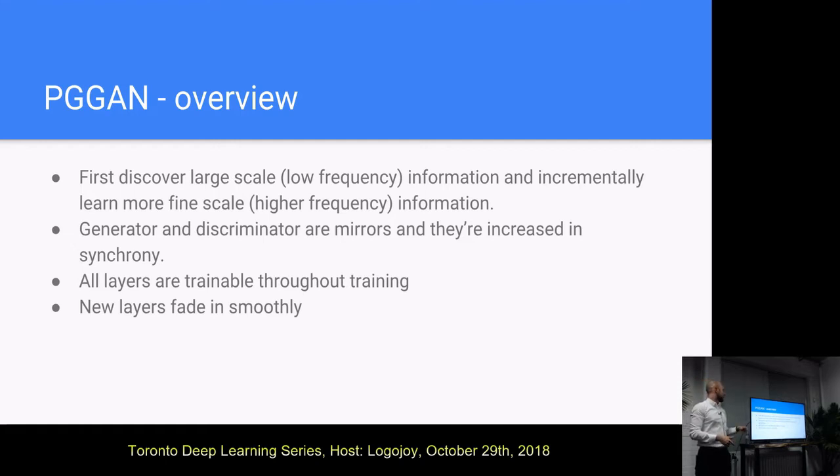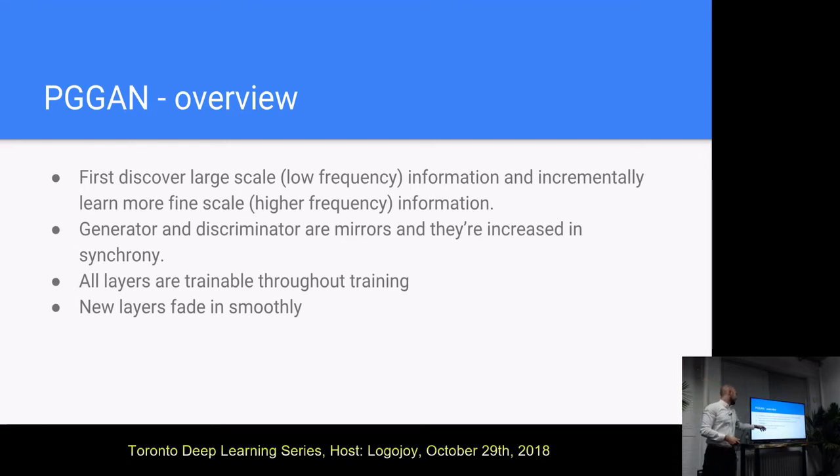They increase the size of the generator and discriminator simultaneously. All the layers are trainable throughout, and this will be more obvious when you see the diagram, but you start at low resolution, and when you add higher resolution layers, you keep those low resolution layers trainable. You don't freeze them, which is a reasonable intuition that someone could have.